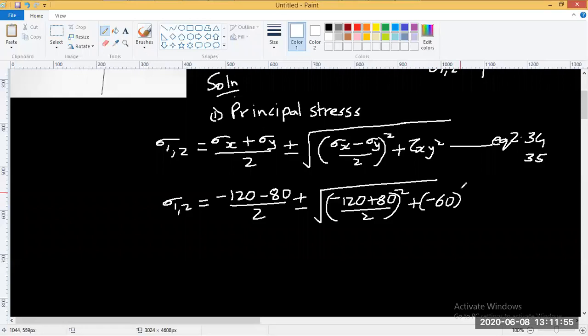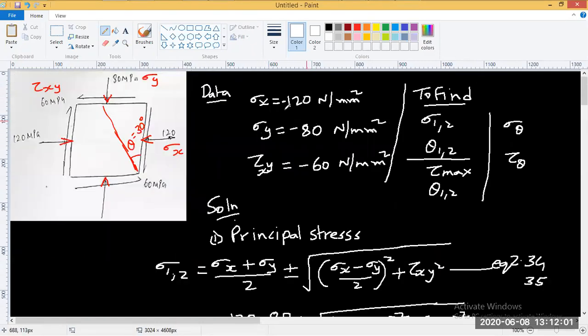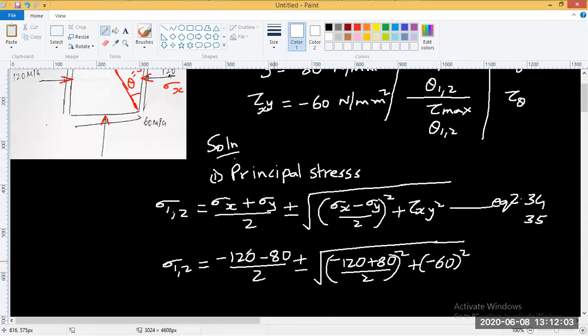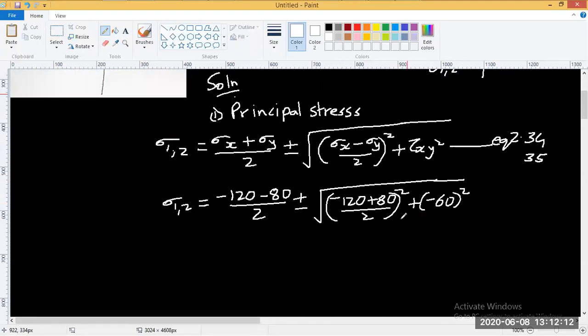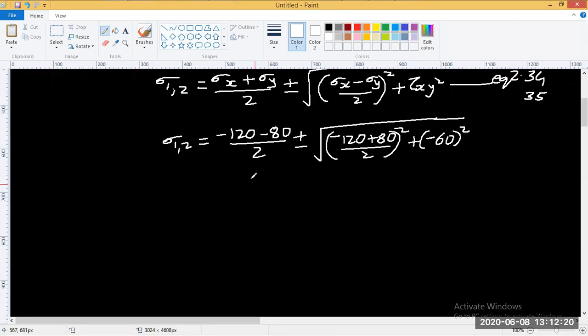So it's plus here, that means we already have sigma y negative here, right? Minus 80. So I put minus 80. So plus into minus is minus, but here you have minus already. So minus 80 into minus is plus. So that's where the sign change has come in. I hope you got it.